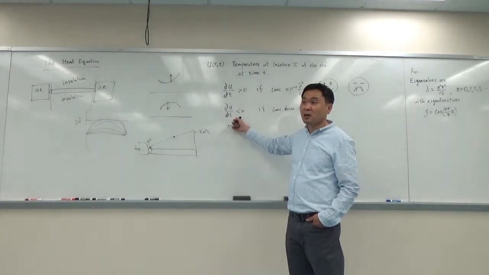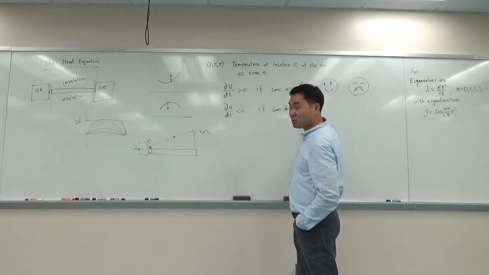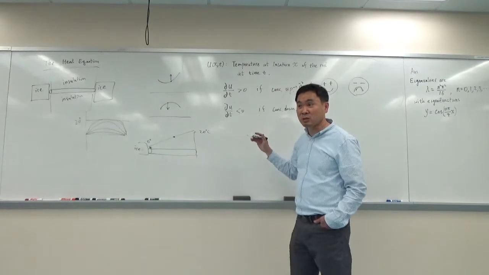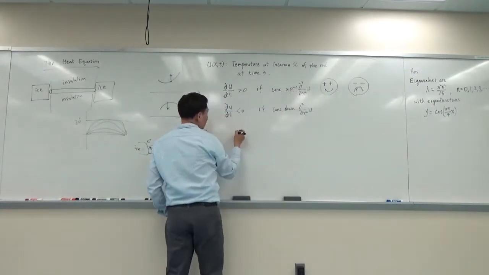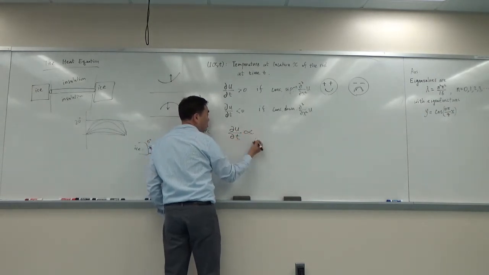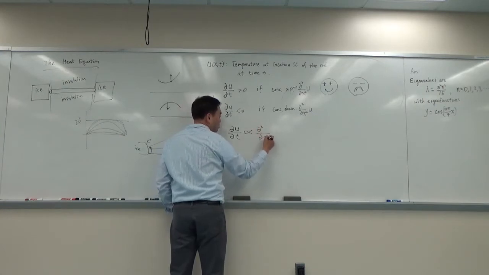And because the harsher the concavity, the faster the change of the temperature, we know that ∂u/∂t is proportional to ∂²u/∂x².